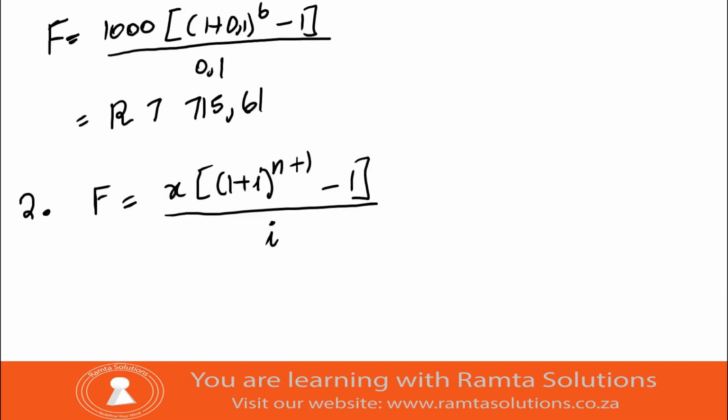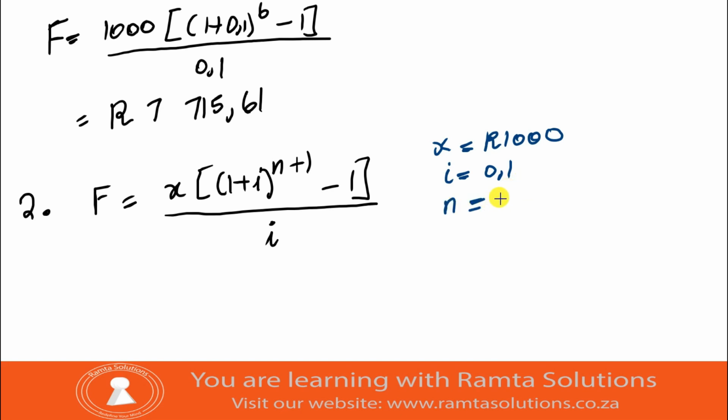So first, our X was 1,000. Our i was 0.1, which is 10%. Our n is the number of years times the frequency.